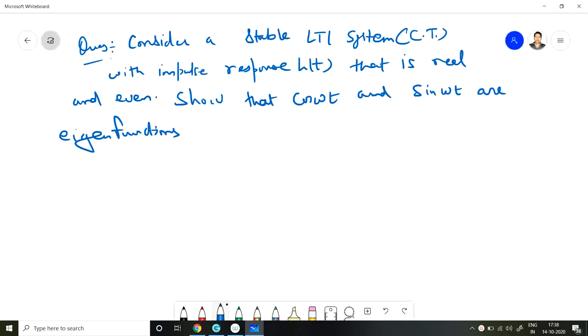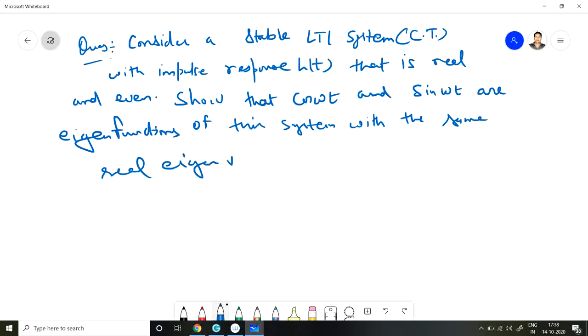Show that cos omega t and sin omega t are eigenfunctions of this system with the same real eigenvalues. So this is our question.